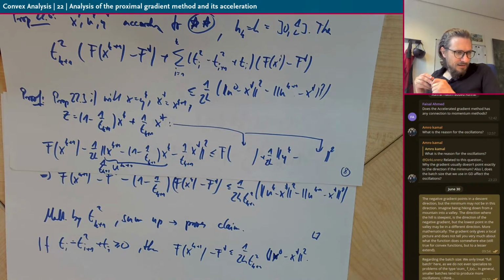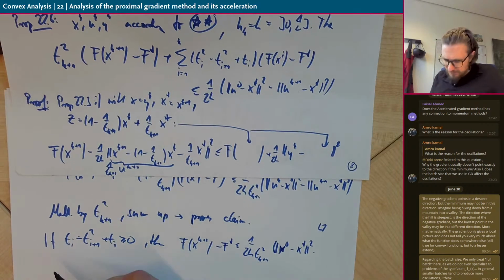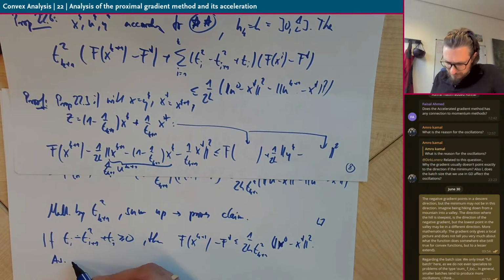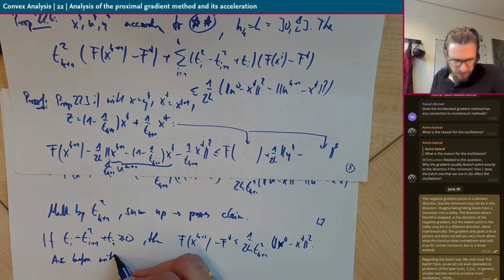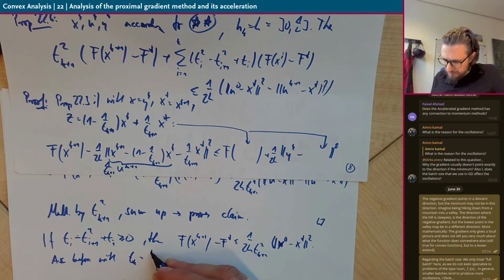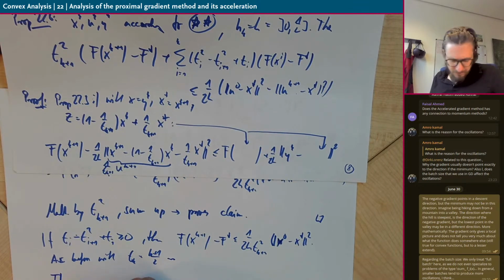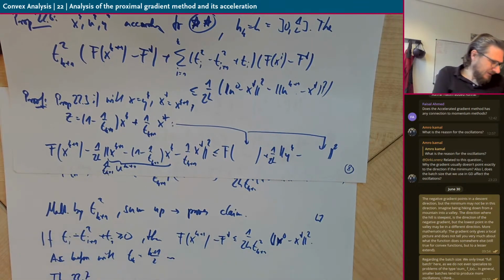Okay, and as before, with, for example, t_k equal (k plus 1) over 2, this gives us Theorem 22.7. So sorry, I didn't number it.